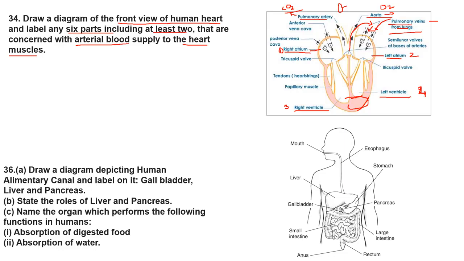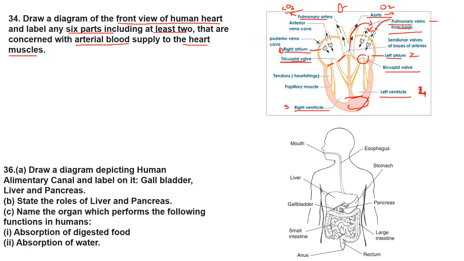Then we have the tricuspid valve. This is at the aperture of the right atrium and the right ventricle, so we call it the tricuspid valve or atrioventricular valve. Now this is the bicuspid valve, which is present at the aperture of the left atrium and left ventricle.